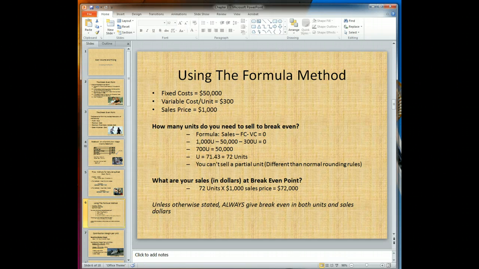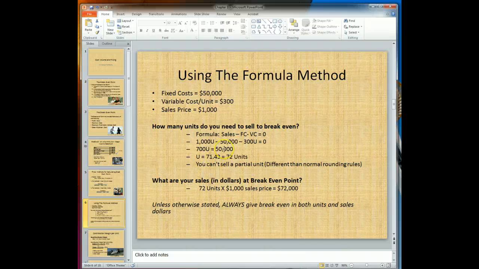Okay, so using the formula method, we have a scenario here where fixed costs are $500,000. Your variable cost per unit, so this is total fixed costs, this is variable cost per unit, is $300. And your sales price, which we know is per unit, is $1,000. So then how many units do you need to break even?